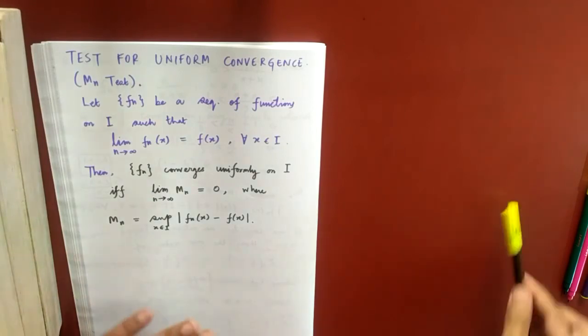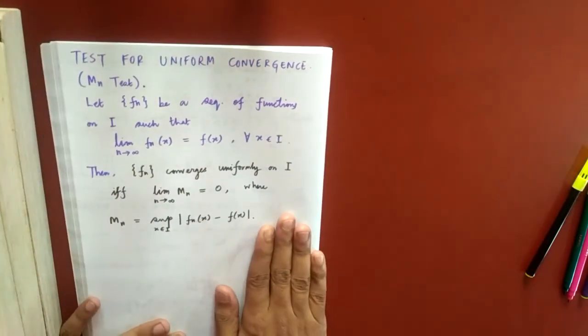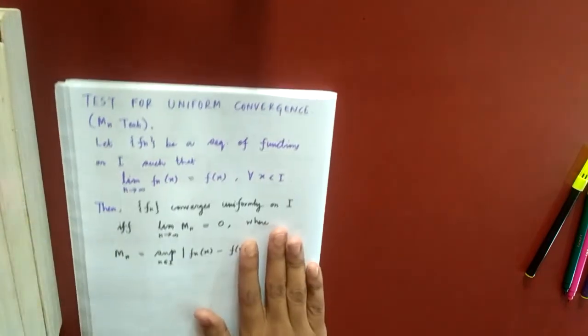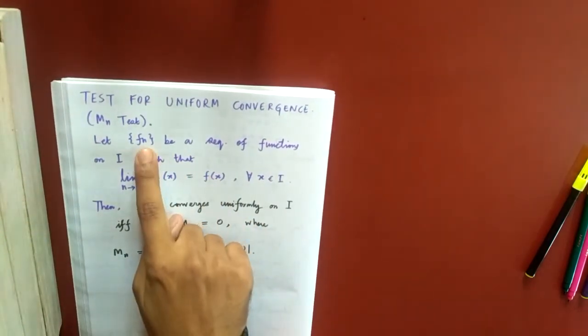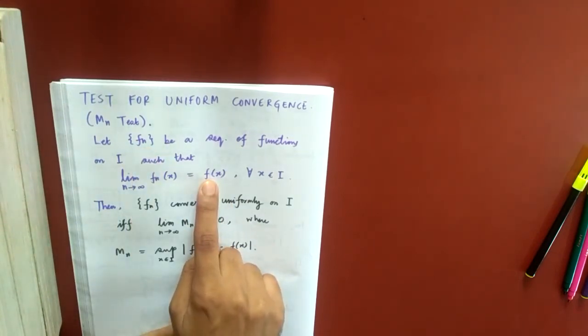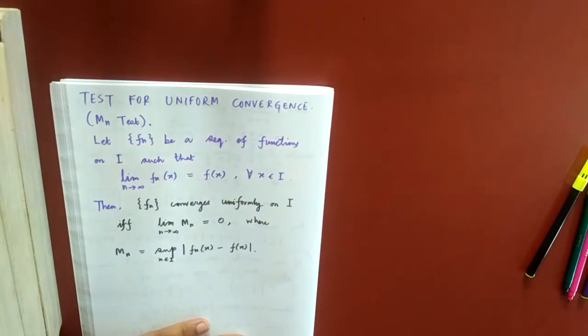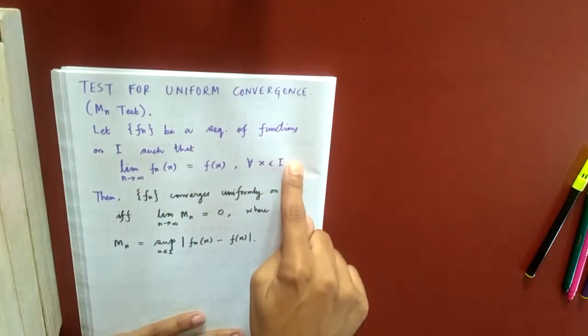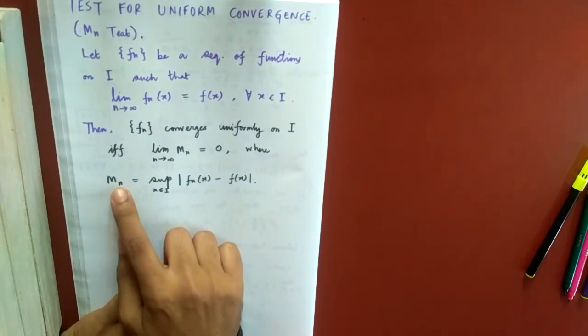So you try to understand what this test says. The test is something like this. You have a sequence of functions, and this sequence of functions converges pointwise to f(x) on the given interval I. You define this quantity Mn.